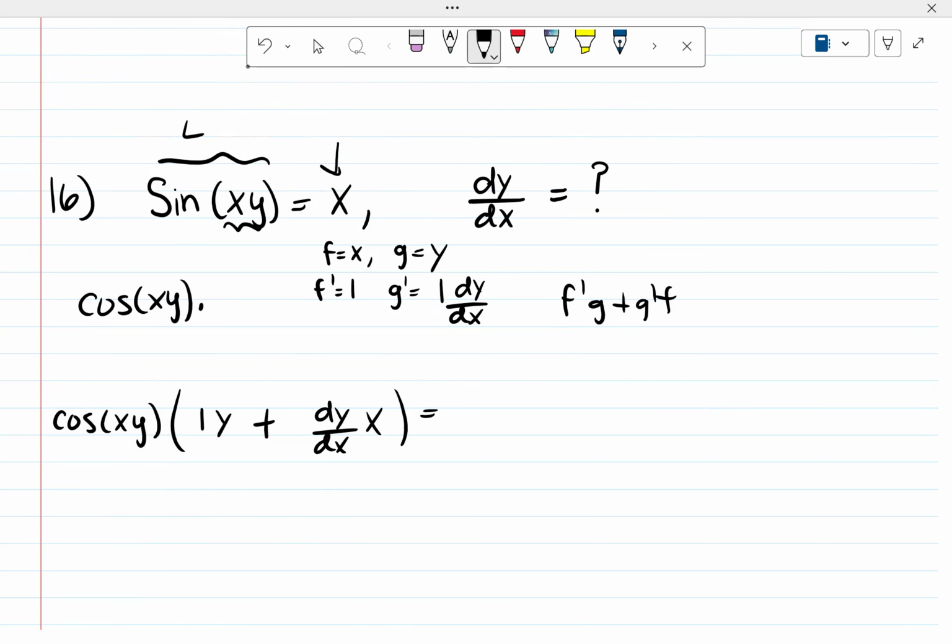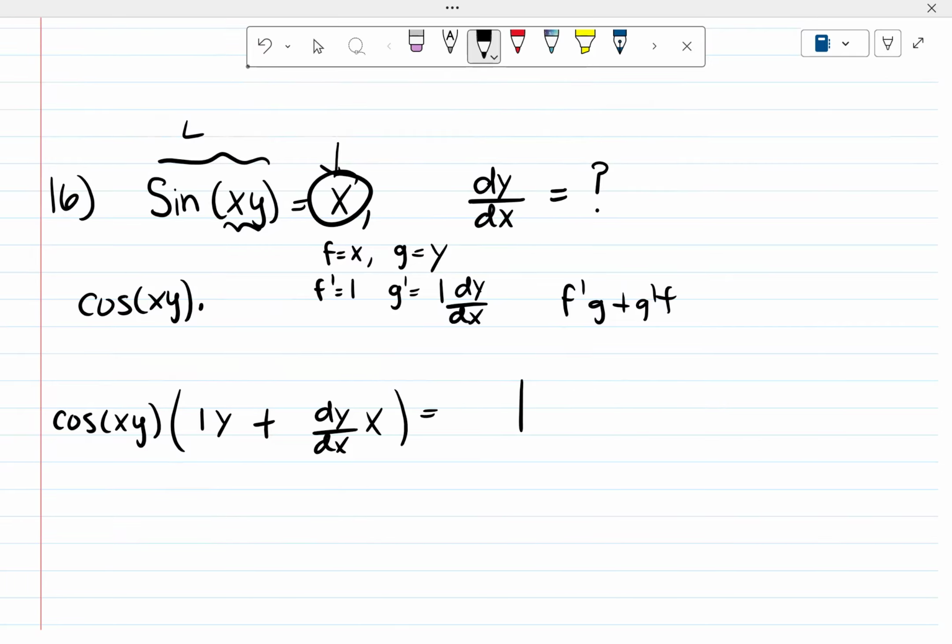Did I do that right? Yes. And then what's the derivative of x with respect to x? 1, right? So what we have to do is find dy dx.